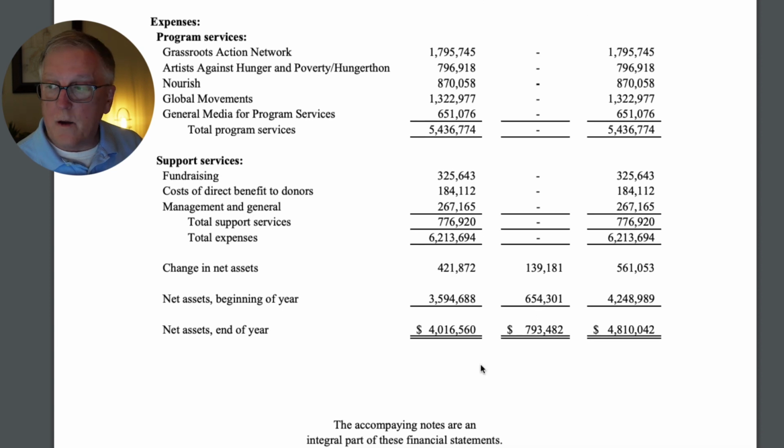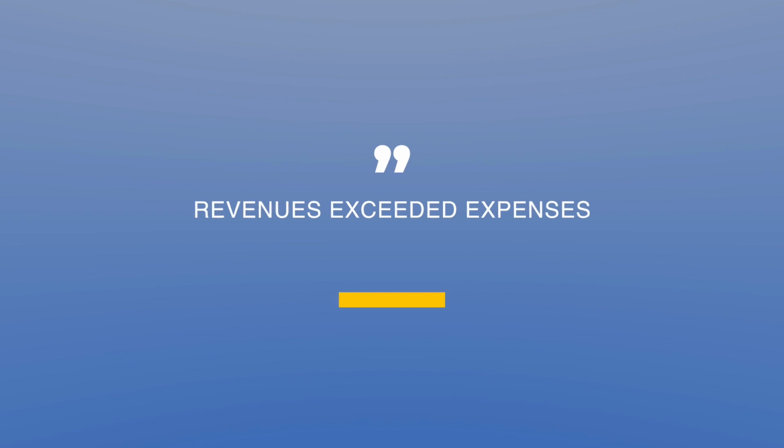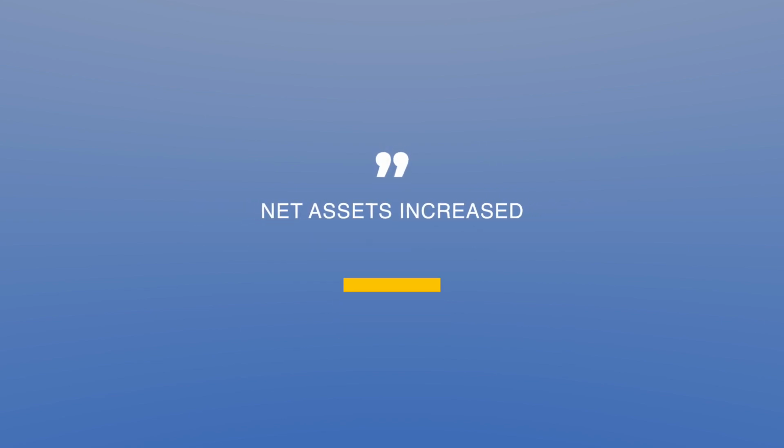Then we come on down and we see change in net assets. You can think of that as net income. If you were looking at a for-profit, that would be net income. Here it's change in net assets. So we see 421 here and 139 here. Those are positive numbers, which means the revenues exceeded the expenses, and therefore net assets are increasing.